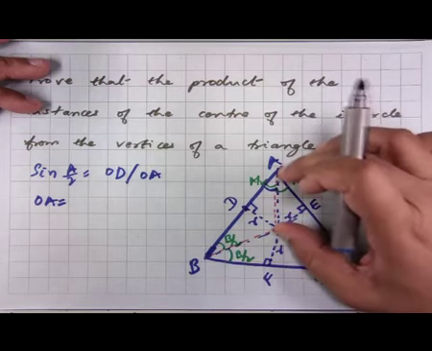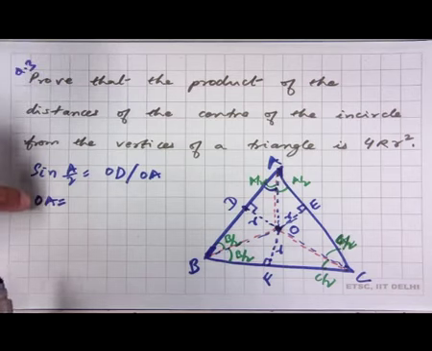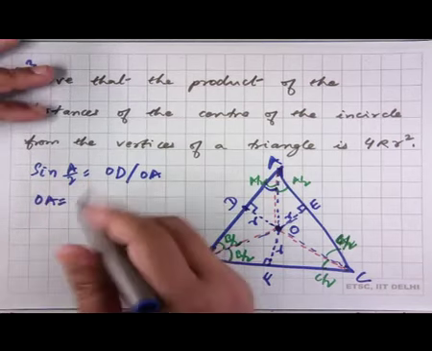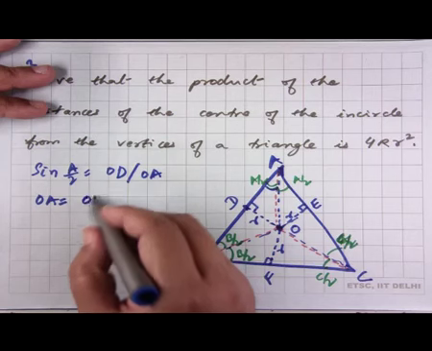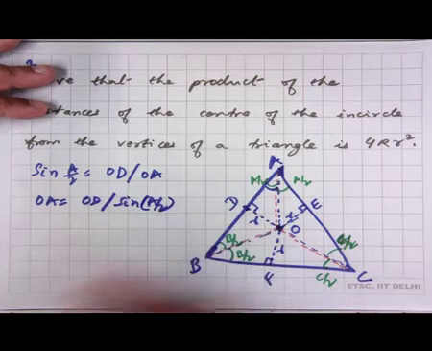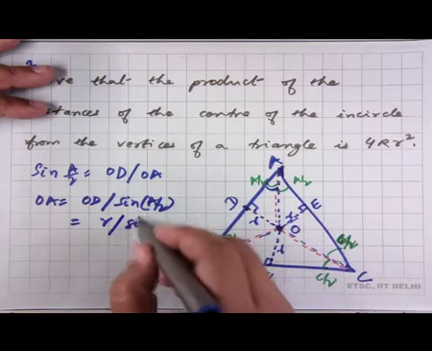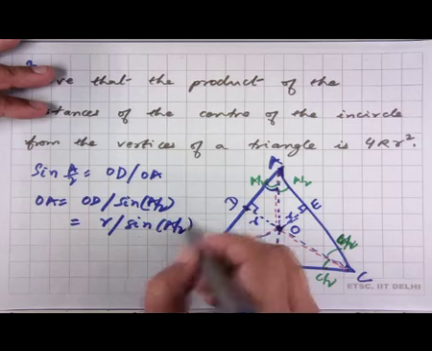So, this is the first length. This length OA is equal to OD upon sine of A by 2, but OD is nothing but the inradius r. So, OA is equal to r upon sine of A by 2.